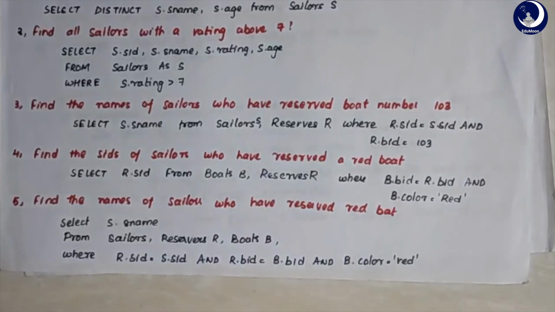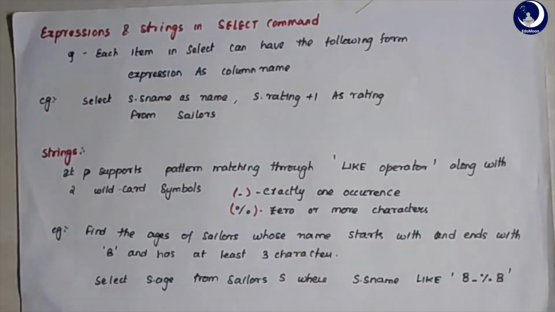Right, now let's look at how you can use expressions and strings in a query. Basically, you can perform expressions on the select list. For example, you want to give some increments in salary, like you can say select salary plus some percent of increment as a salary to all your employees, or you can specify whose rating is greater than something, or if someone's work is good, you want to give some more rating, some increments, then you have to use these expressions.